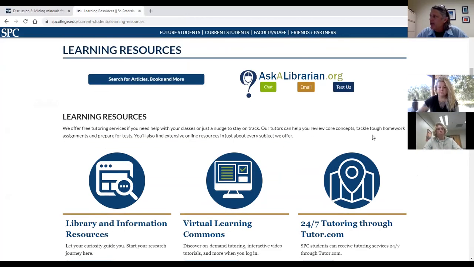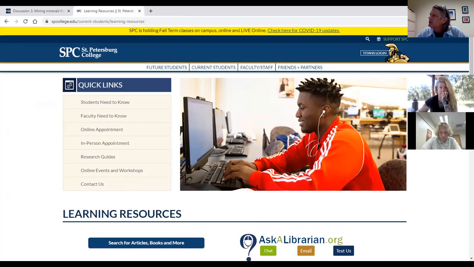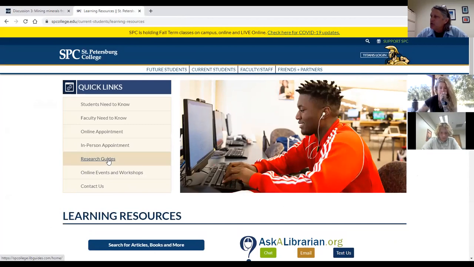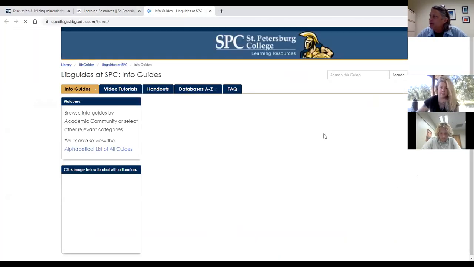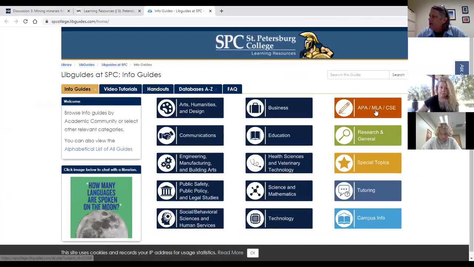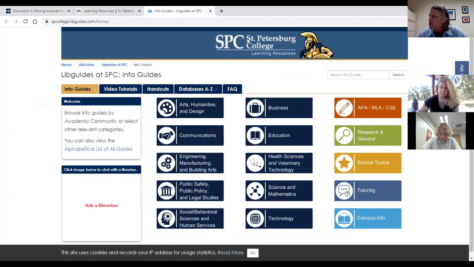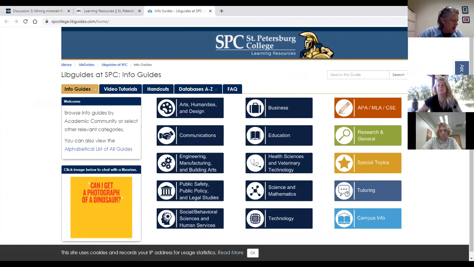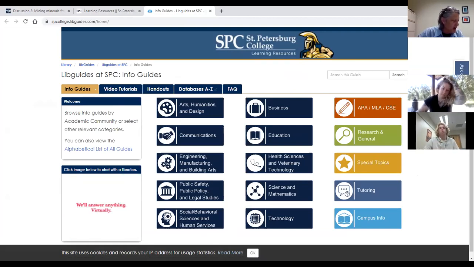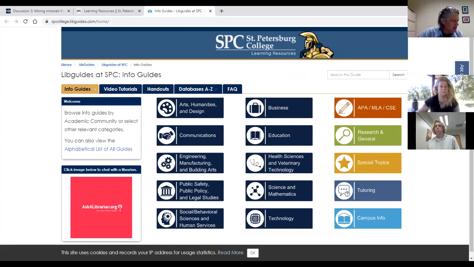And you can see they have a live chat for Ask a Librarian, emails or texts. Also, when you click on the research guide, you have your how to do an APA correctly. You know, I mean, we're not really looking to find the most difficult articles in databases.